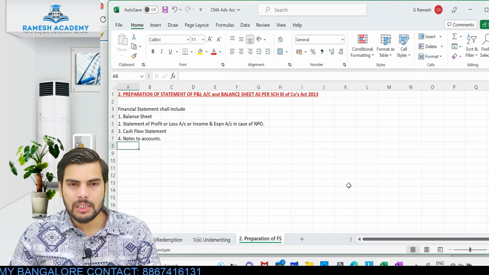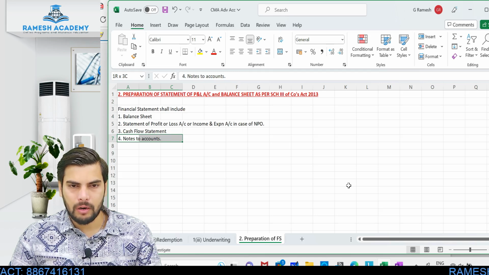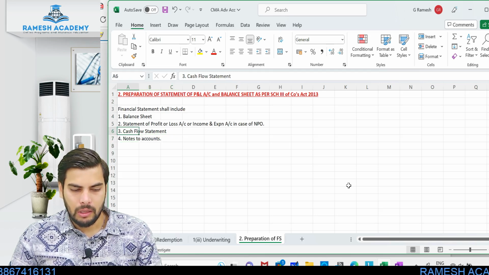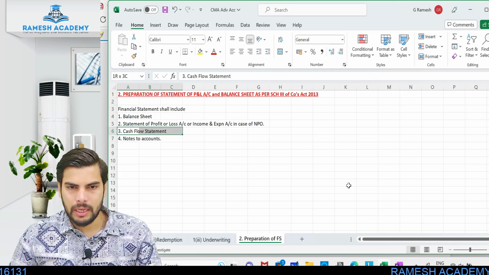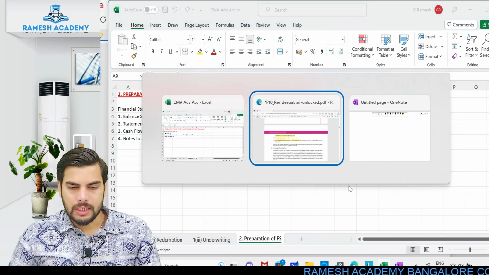So, financial statement of one person company, small company and dormant company will just be balance sheet, P&L account and any notes to accounts forming part of financial statement. That's all. So, cash flow statement, it is optional. They need not be preparing the cash flow statement. Is this clear? Hope you guys understood this.